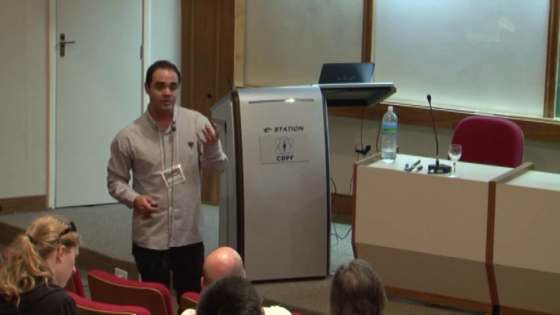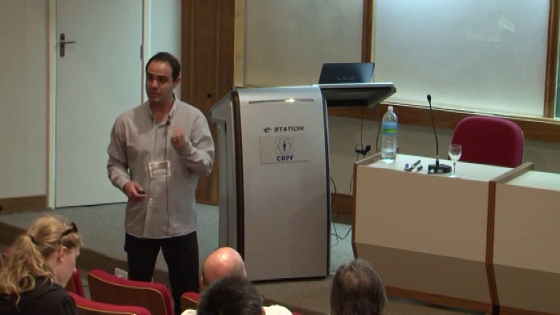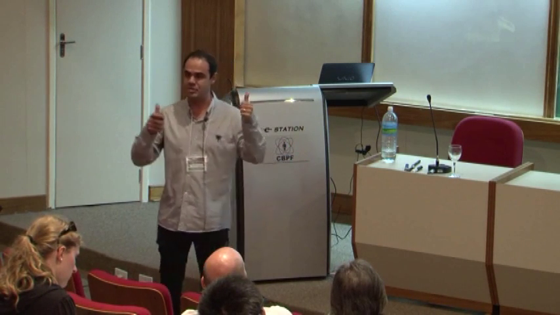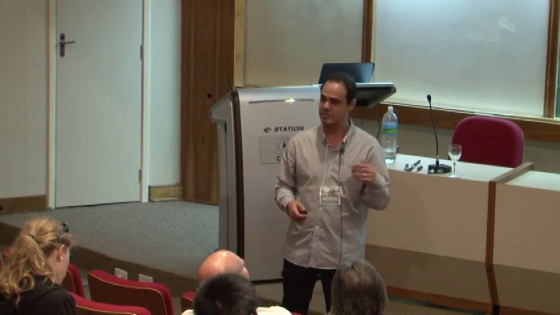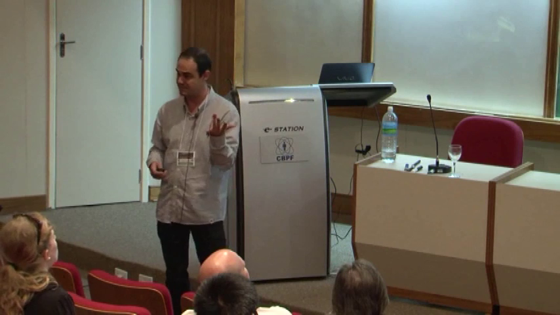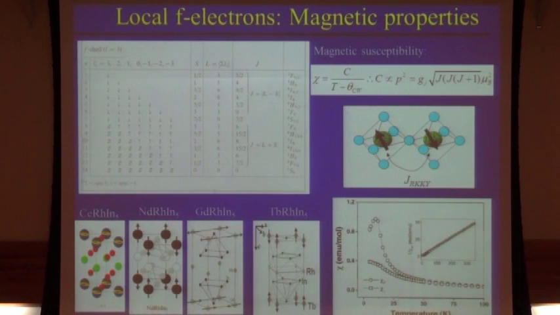But the crystal field will define the anisotropy with respect to the lattice, because J will define the relative orientation between your spins, but it's the crystal field that defines the anisotropy with respect to the lattice. In other words, the direction of the magnetic moment, right? So you can have the same family of compounds where you change only the rare earth, and you can have different kinds of magnetic structures, only because of the effect of crystal fields and the direction of the spin. And that's very important for the particular problem I want to address.